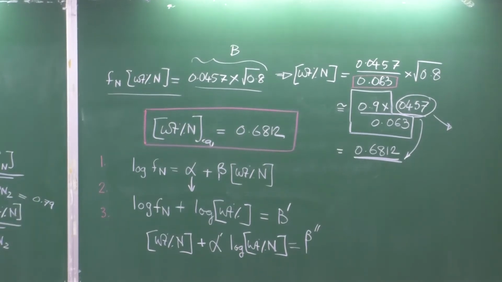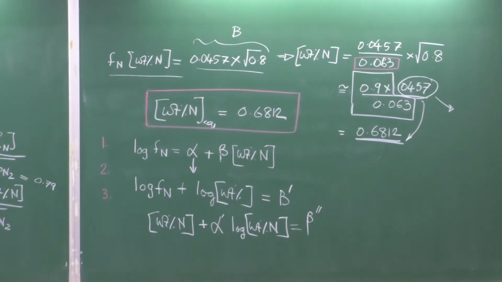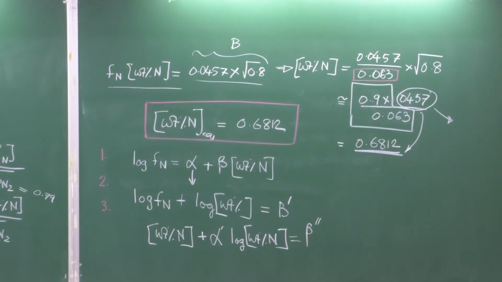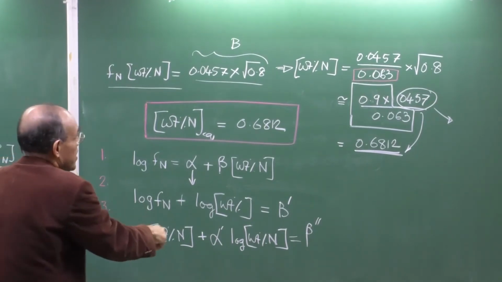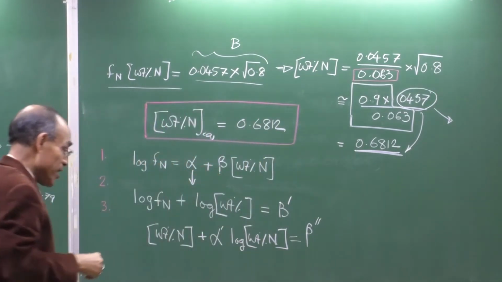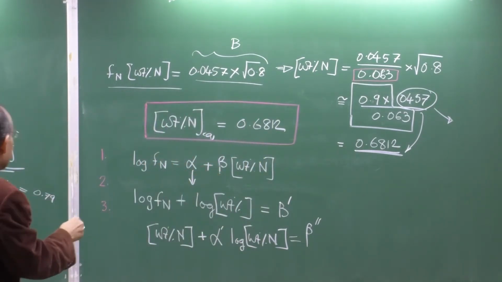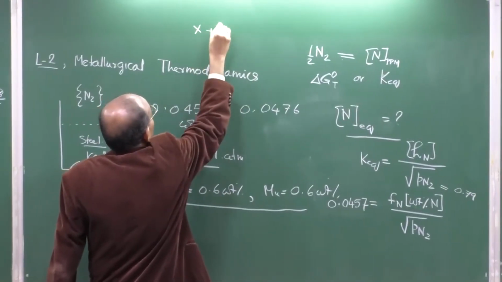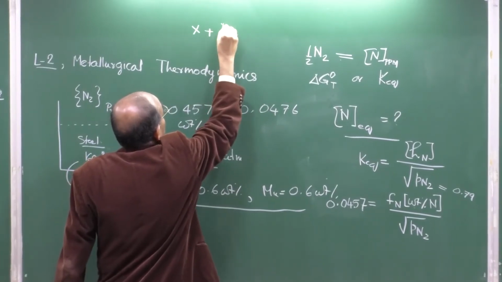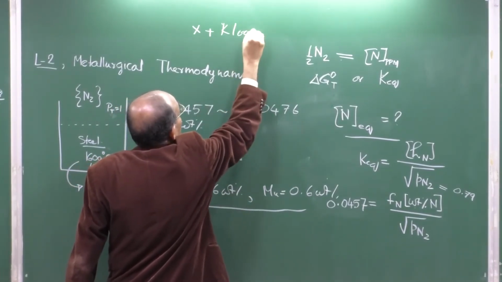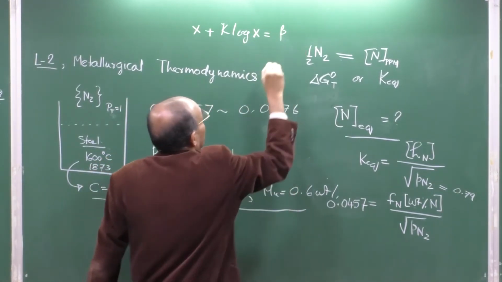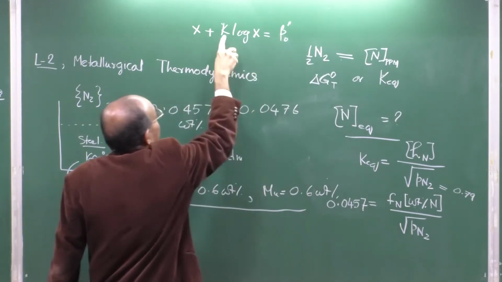In that case, what is the problem that you are going to face? That is what I am trying to elucidate here, rather than solving it, we can see it in the context of another problem. If the self interaction parameter of nitrogen had not been 0, the final equation that I would have gotten is of the form x plus k log x is equal to some parameter, where k is a constant with a numerical value.